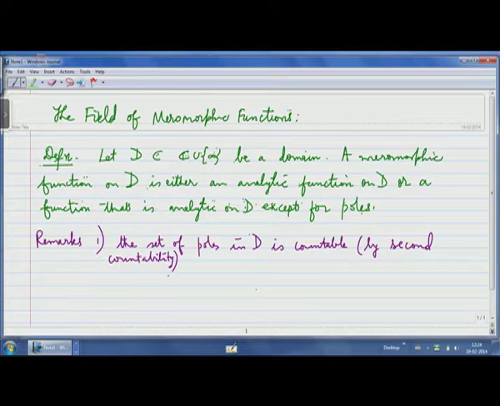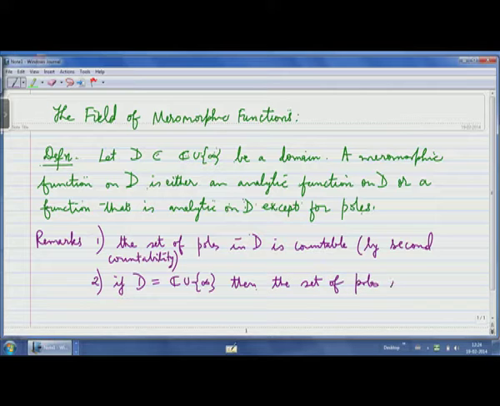I am just using the fact that the poles are of course isolated, and I am using second countability, okay. And the second remark is that if D is the whole extended complex plane, then the set of poles is finite. And that is because of compactness of the extended plane, okay.